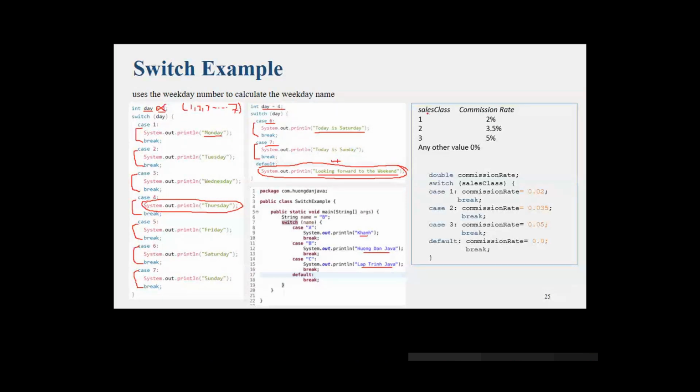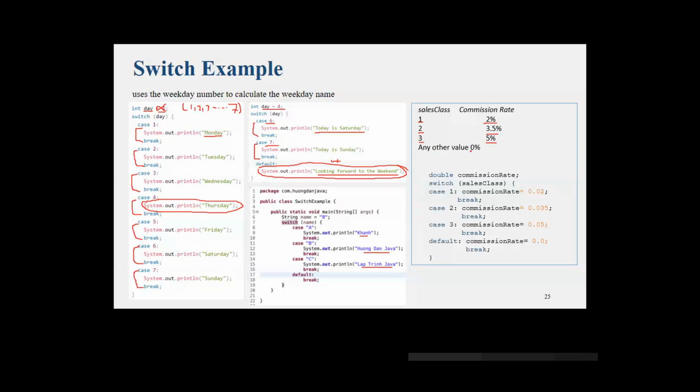So if you have sales and the commission rate, if the sales class is 1, you give him commission 2%. If it is 2, you give him 3.5. If it is 3, you give him 5%. Anyone else will get 0.